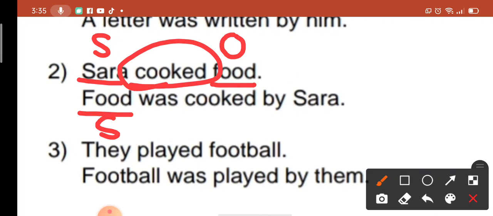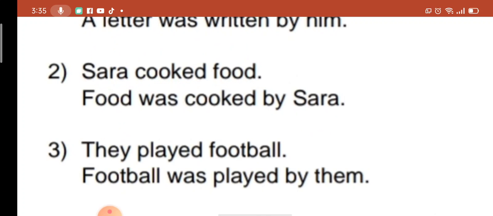So we have this idea that we will use was or were helping verb for that. If your sentence is simple past tense, then we shall use was or were helping verb. So after food, we shall use was. Food was, then cooked is also the third form of cook. Food was cooked by Sarah as our subject has become object now.